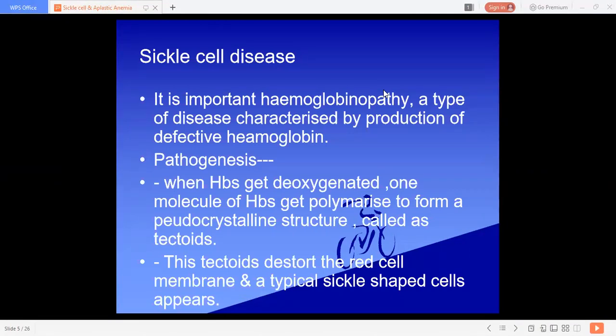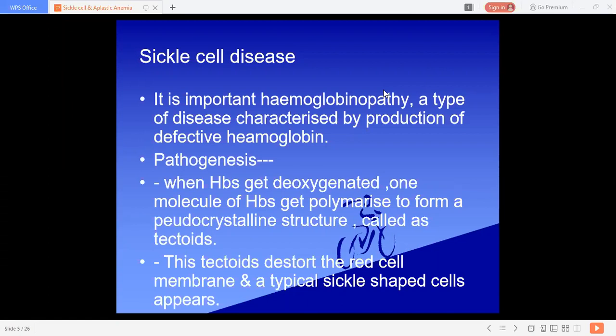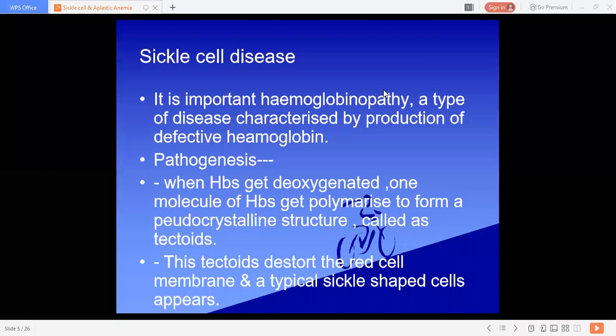Now, what is the pathogenesis of this disease? What happens exactly when hemoglobin S gets deoxygenated? When hemoglobin S gets deoxygenated, molecules of hemoglobin S get polymerized to form a pseudocrystalline structure which is called tactoids.